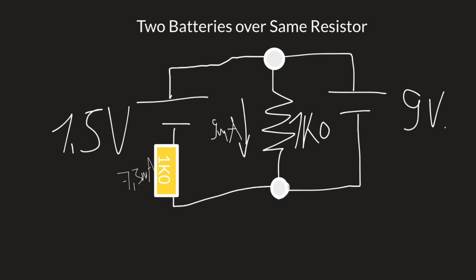And really, in our ideal world, yes, you would have these 7.5 milliampere, because what's happening in this branch is you have the whole 9 volts here, and you subtract this 1.5, so you're left with 7.5 volts over this 1 kilo ohm, and then you have 7.5 milliampere, and that's really what's happening here. And that is good.